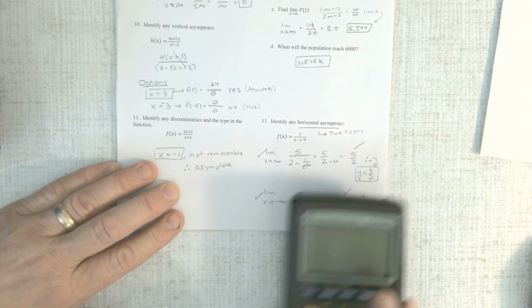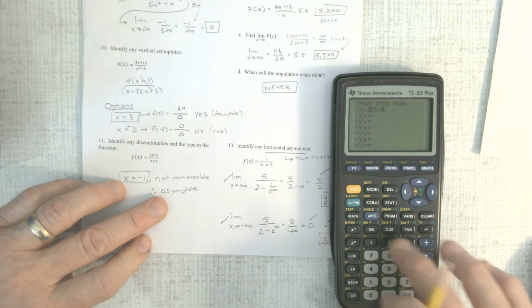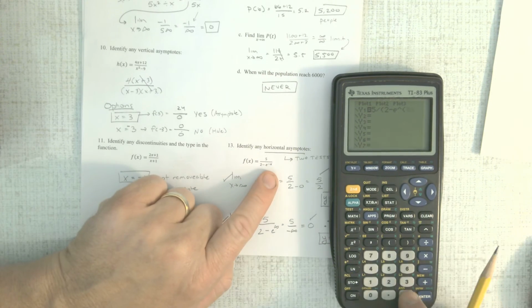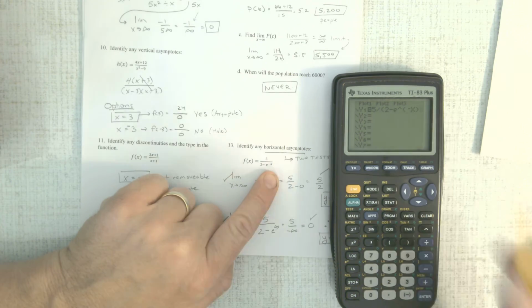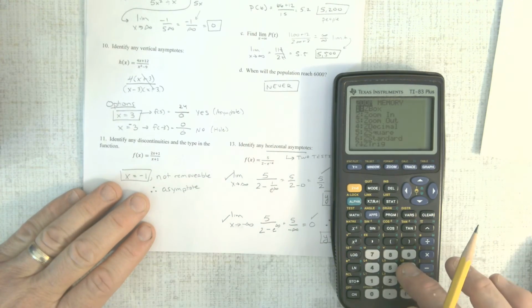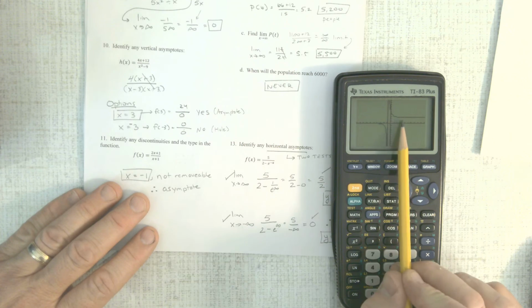Let's just graph this, see if we can get a picture of this. 5 divided by 2 minus e to the negative x. Close that parentheses, close the denominator, zoom standard, and there's our asymptotes.